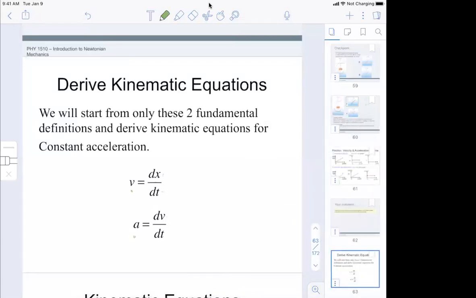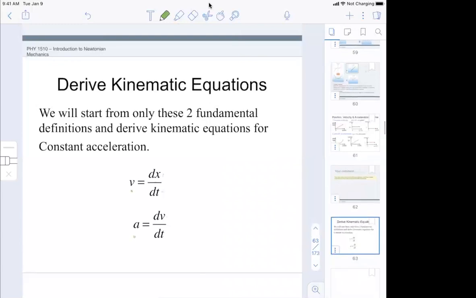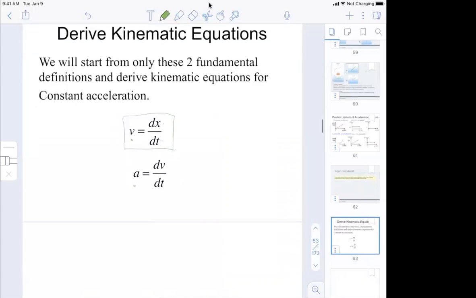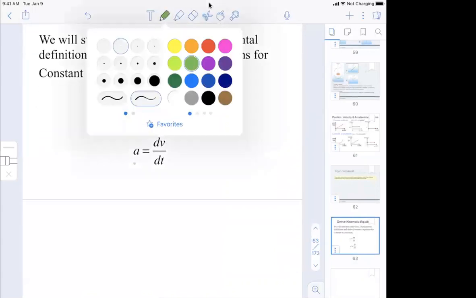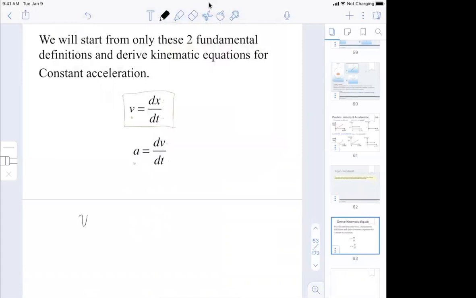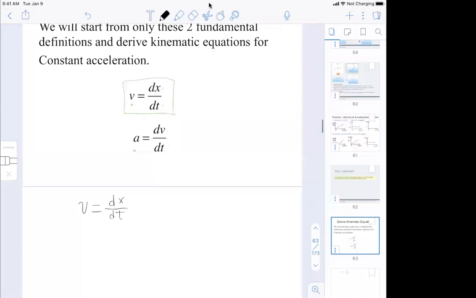Here, I want to demonstrate the derivation starting from one of them, and I have my lecture notes, so you can look at my derivation for the other one. So let's start with the first equation. I'm going to start with this fundamental equation that v is dx over dt.